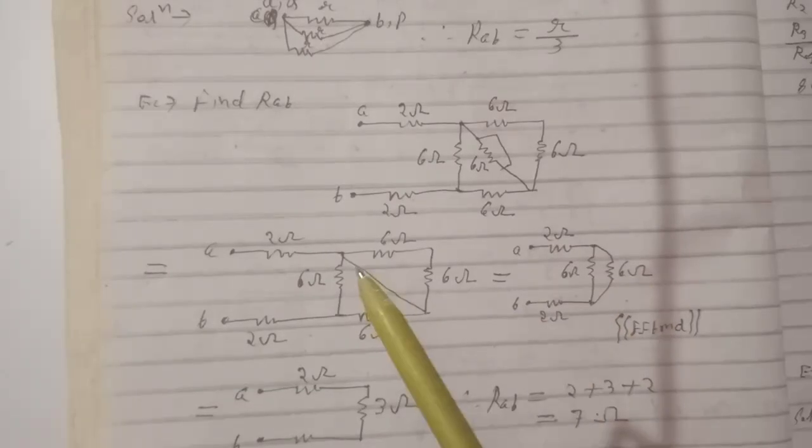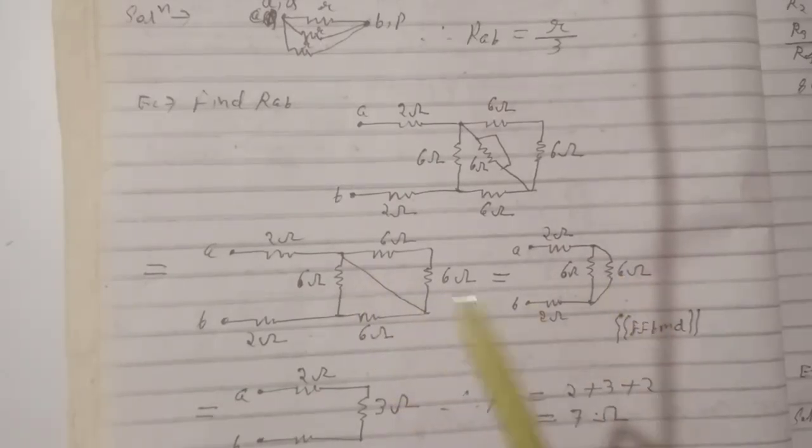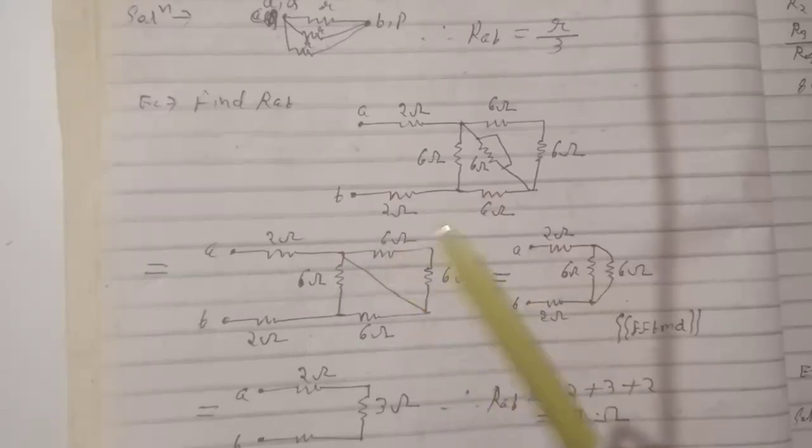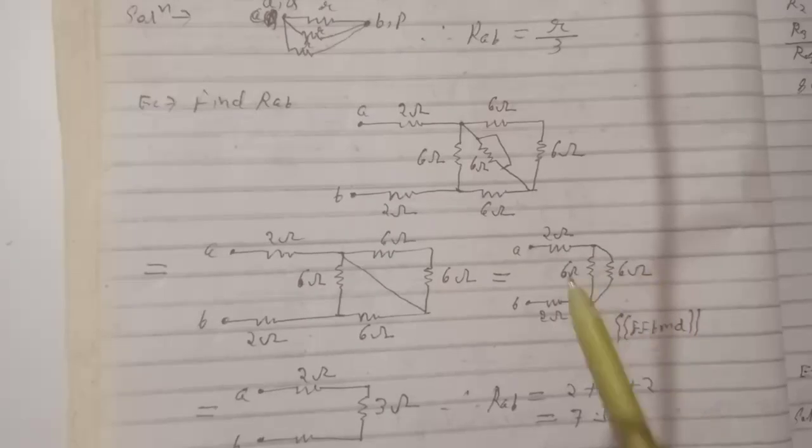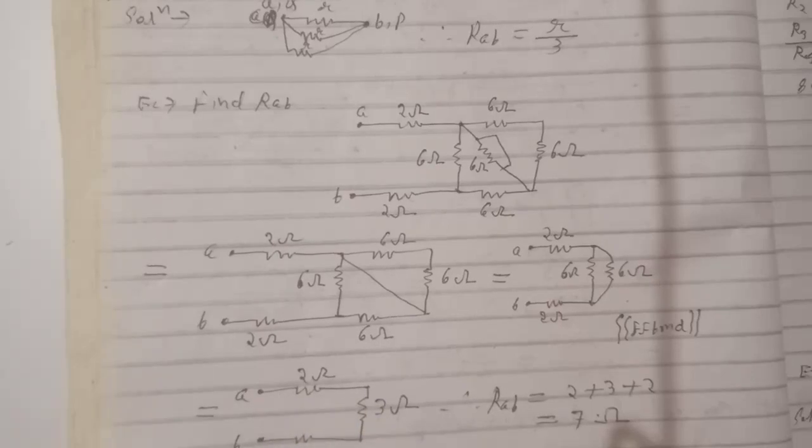So 6 ohm and 6 ohm we are showing here. This circuit is short circuited, so we are left with 6 ohm. Now these are parallel, so solving, the value comes out to be 3 ohm, and now these three are in series, so final value is 7 ohm.